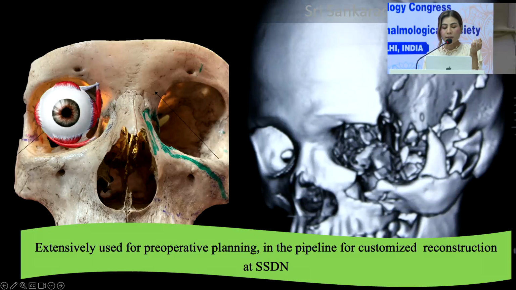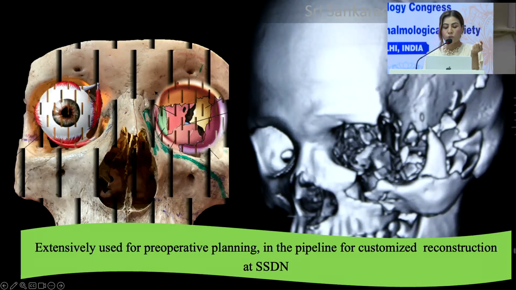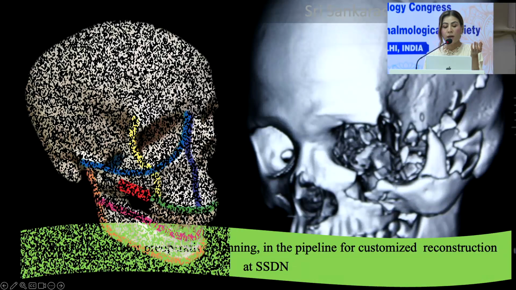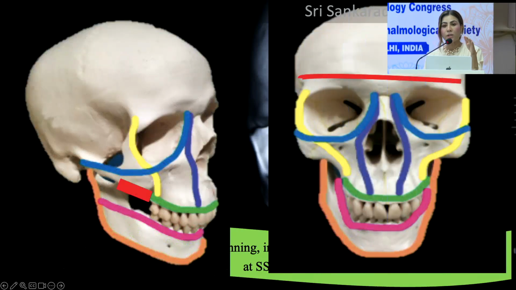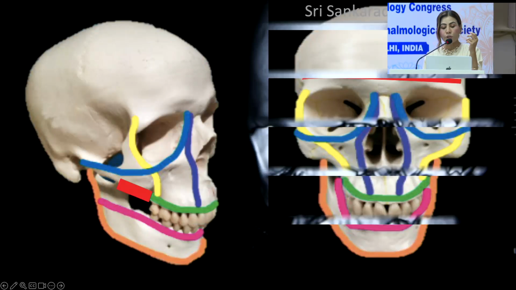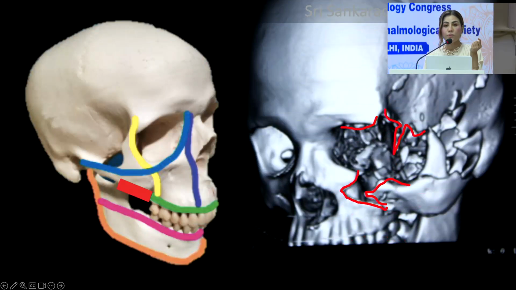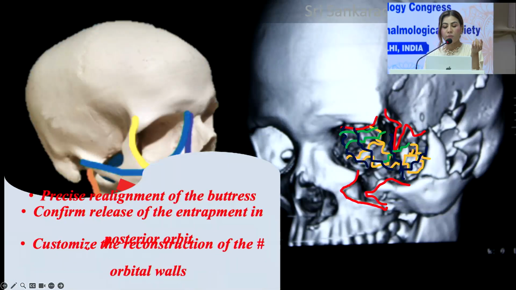We use it extensively for orbit reconstruction following orbital fracture, especially when there's a fracture of both the horizontal and the vertical buttresses of the face, and when there are complicated fractures like the impure fracture, where you see a fracture of the wall and the fracture of the rim.